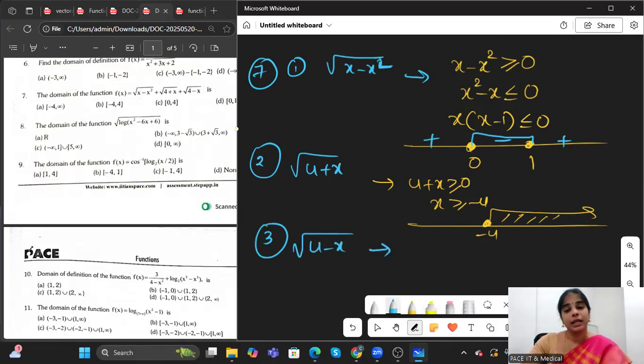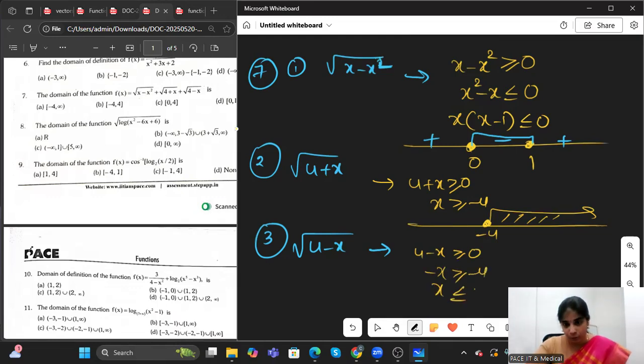From there, again 4 minus x is greater than or equal to 0 because it is under the root, and minus x greater than or equal to minus 4, which implies x is less than or equal to 4. Right. So my number line representation for that will be x less than or equal to 4. So here you go with 4. x is smaller than that, towards the left.